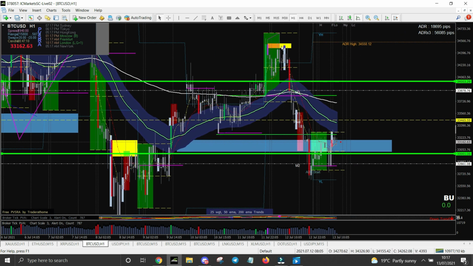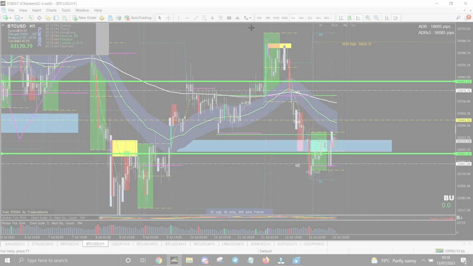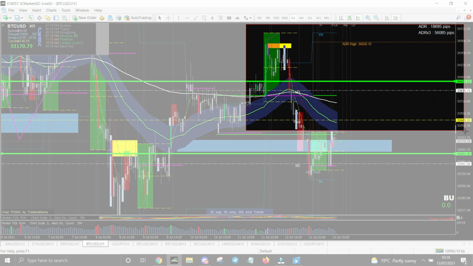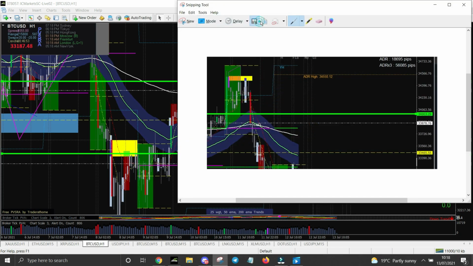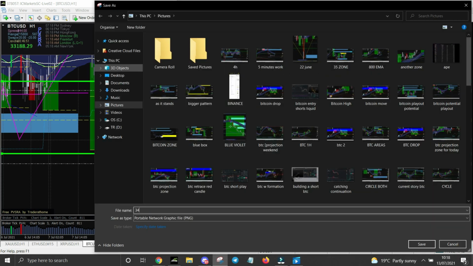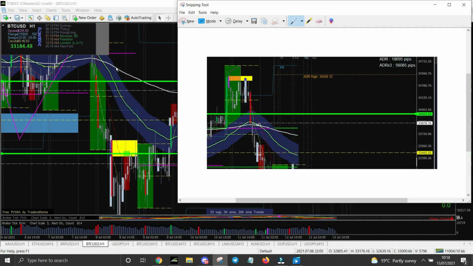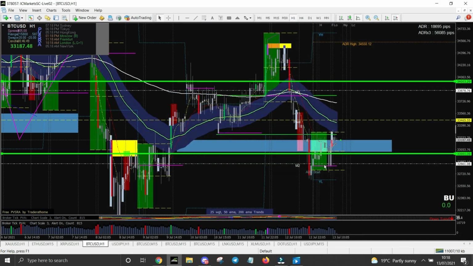They did it again. 34,000. Look at last night's behavior. Not last night, the night before. Look at what they did. I'm going to take a screenshot of it. 34K zone, and then 33K zone.